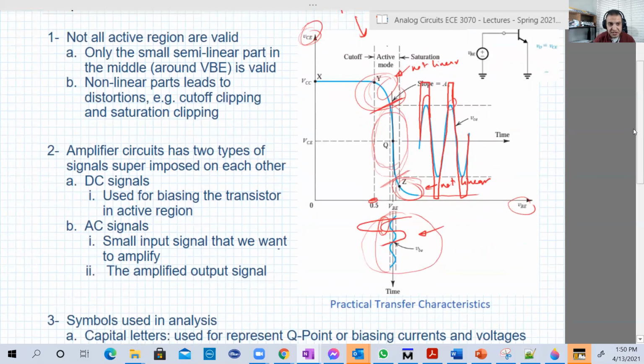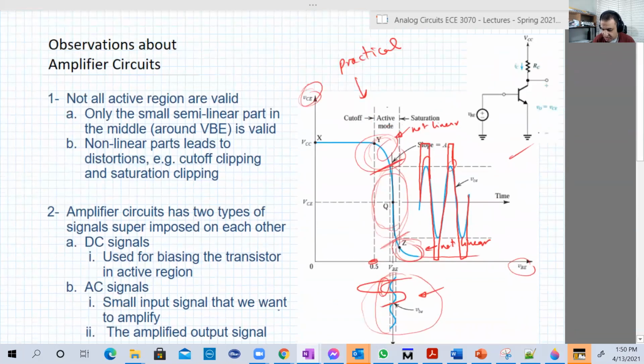Also in amplifier circuits like this, you have two types of signals superimposed on each other. You have the biasing voltages or the biasing sources, like for example VCC, or in this case here, look, this is called V small BE capital.